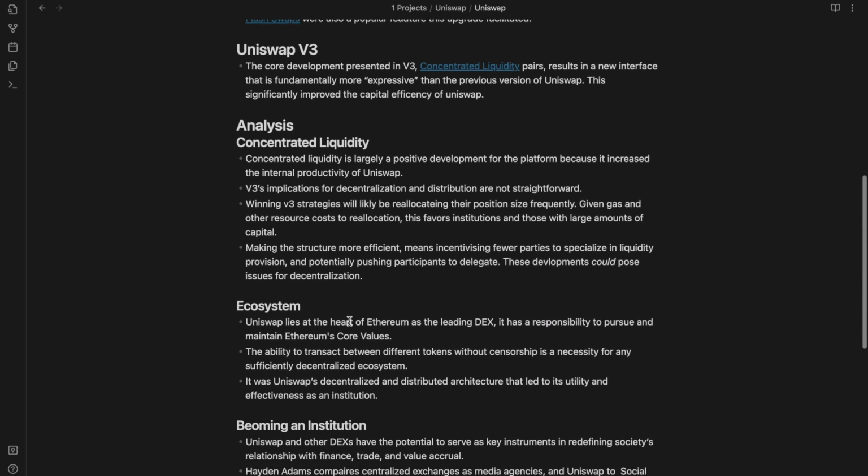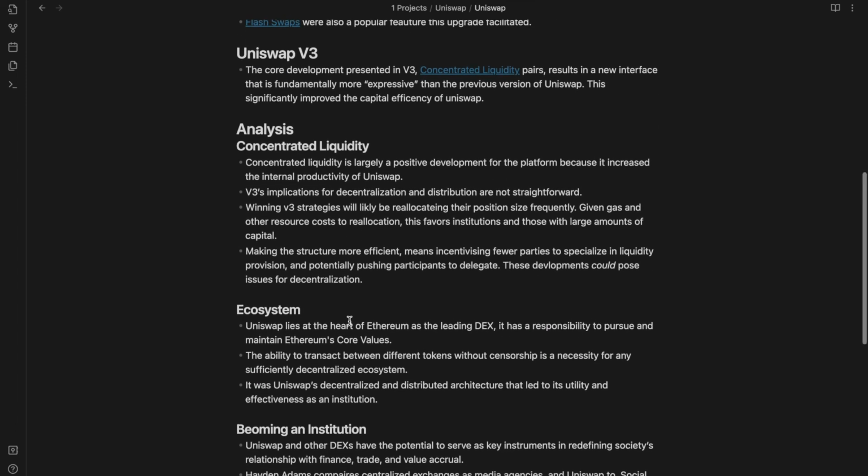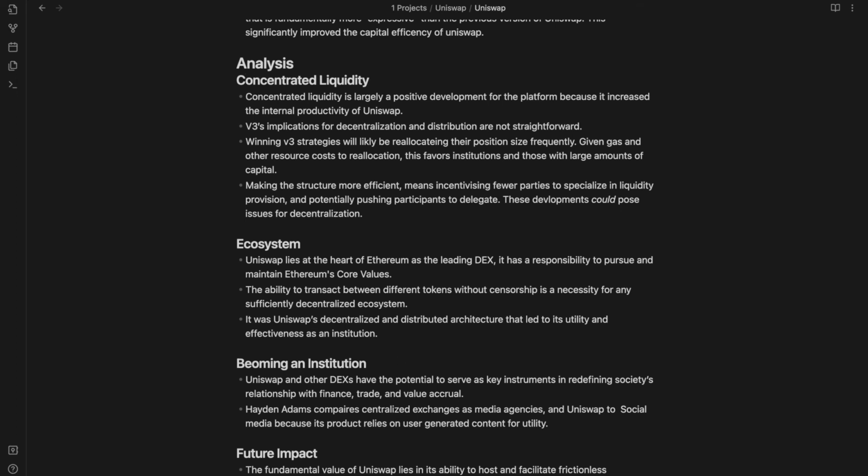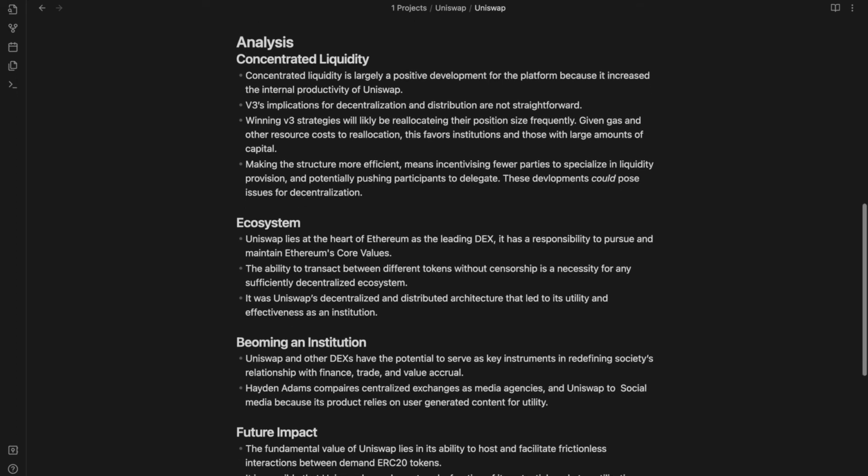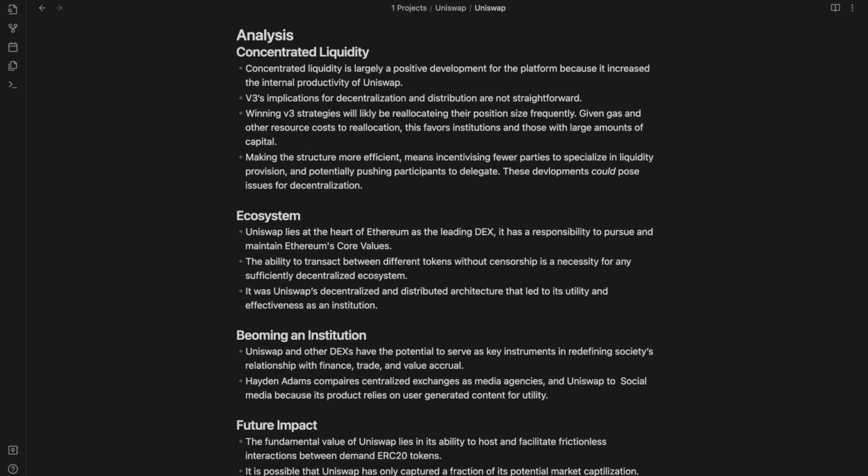There are a few key points that are important to consider here. I want to go over this analysis section I wrote down here. Basically, Uniswap is more than just a DEX. It controls a large part of the Ethereum ecosystem, and it has something called the UNI governance token. This allows people to change the protocol based on governance, right? People can vote for or decline different proposals made by Uniswap community members to change the protocol.